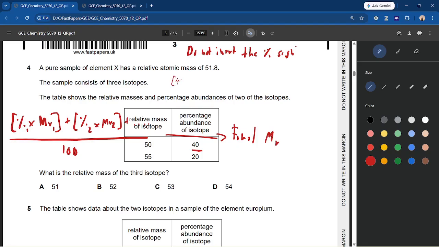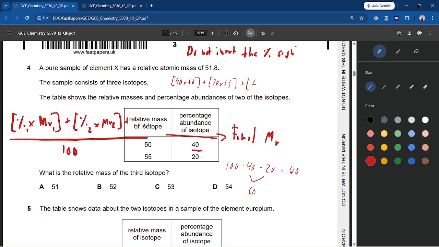So 40 times 50 plus 20 times 55 plus, and the remaining percentage will be 100 minus 40 minus 20, which is 40, because these two together is equal to 60.